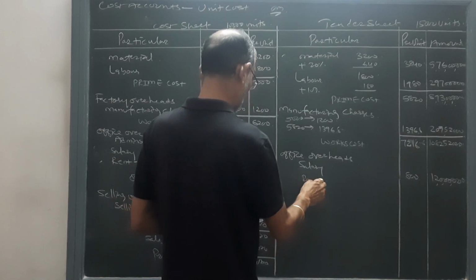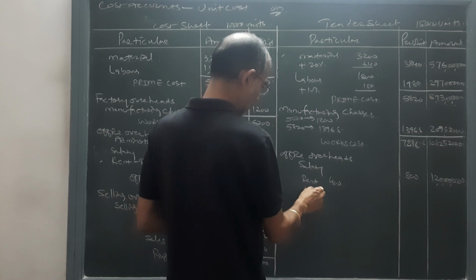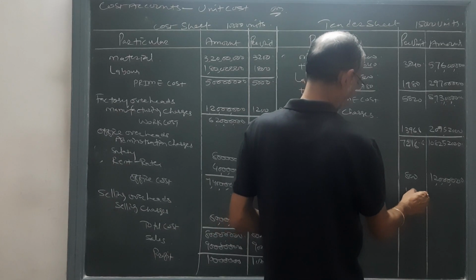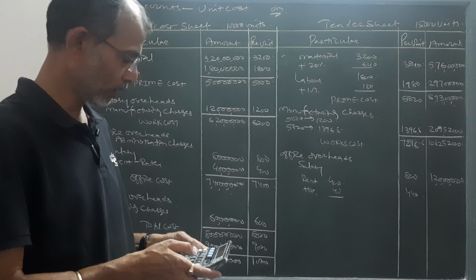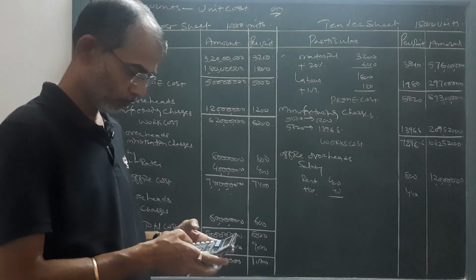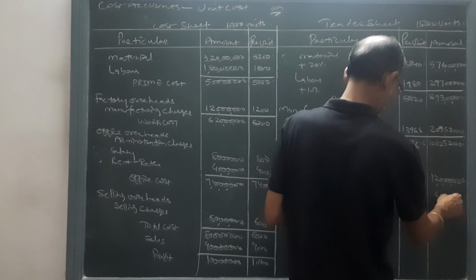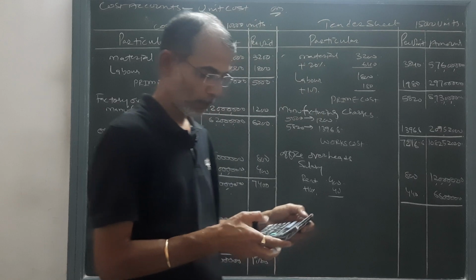And rent earlier was 400 but it is increasing 10%, so 440 will be the charge of rent per unit, and in this way 66 lakh will be the total amount of rent.